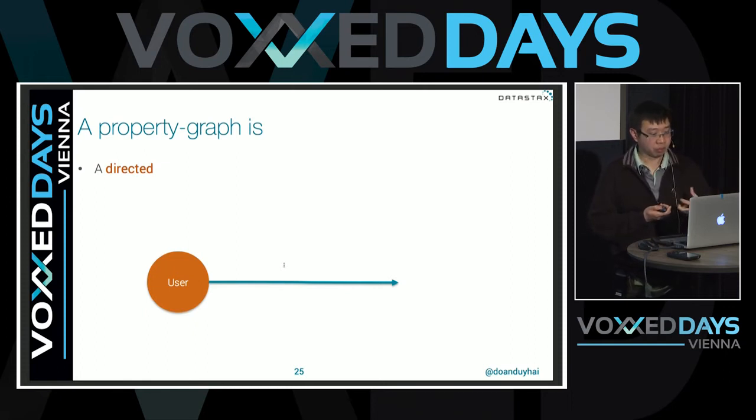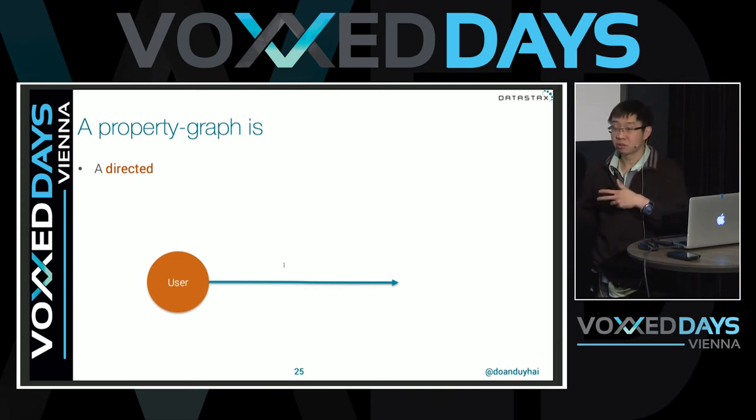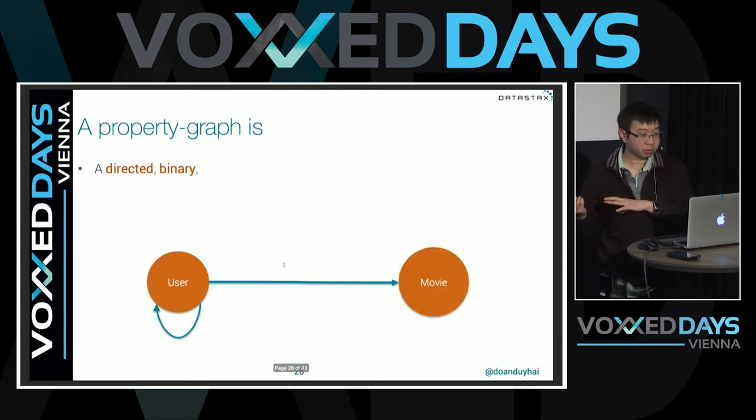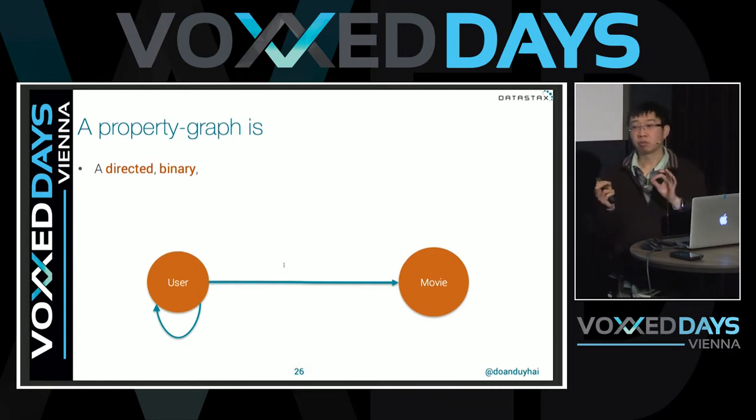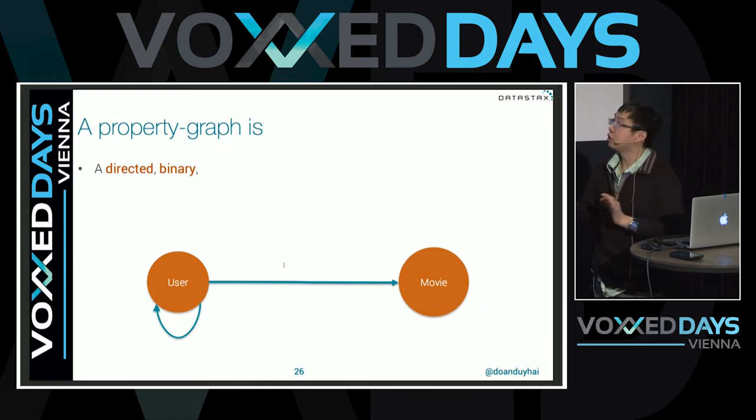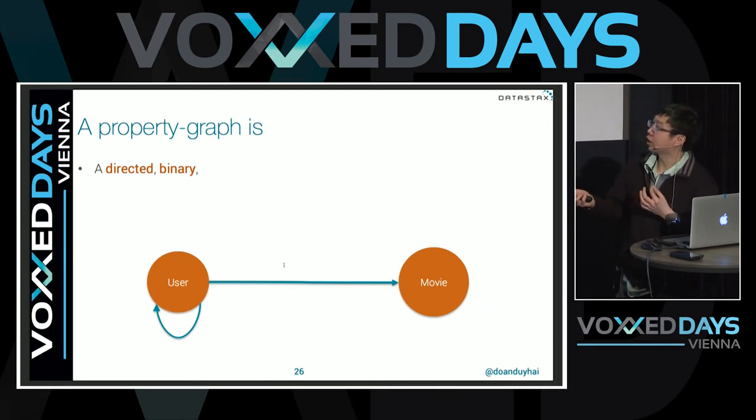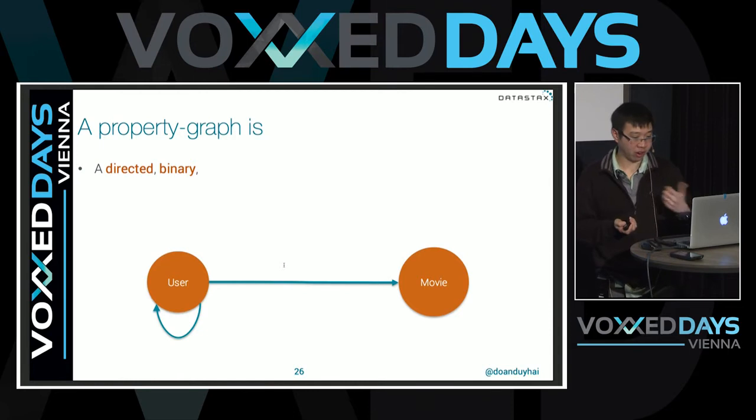An edge can be directed, so there is a direction from one vertex to another one. An edge is linking only two vertices, so you cannot have an edge that links three vertices. So it is a binary edge. Of course, an edge can link a vertex to itself.